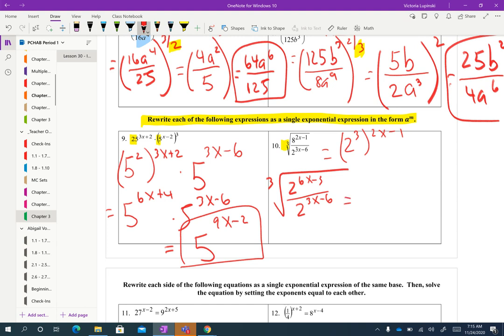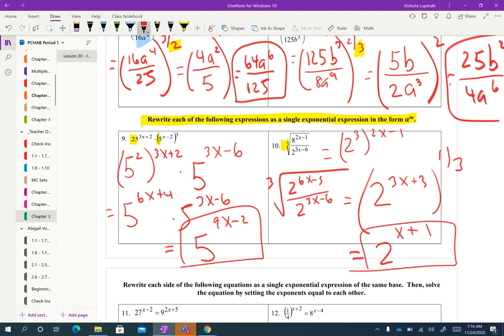I'm going to subtract them. So that gives me 2 to the 3x. And then negative 3 minus negative 6 becomes a positive 3. And then I'm going to take the cube root and convert that to a 1/3 exponent. That would ultimately give me 2 to the x plus 1.